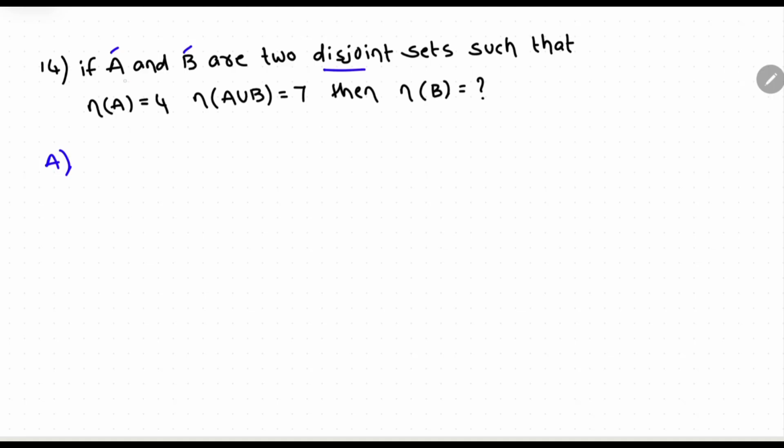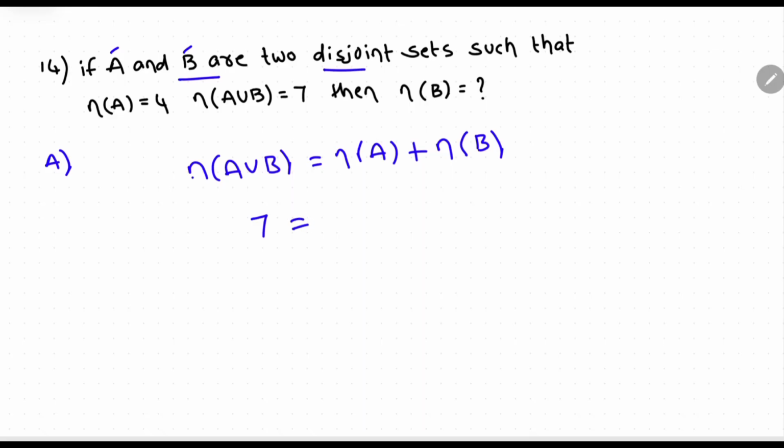There are no common elements in A and B, therefore we are having the formula actually. So n of A union B, whenever A comma B are disjoint, will be number of elements of A plus number of elements of B. Here we have to find the number of elements of B. We are having the number 7 here.